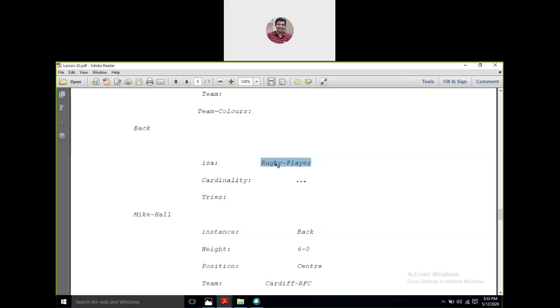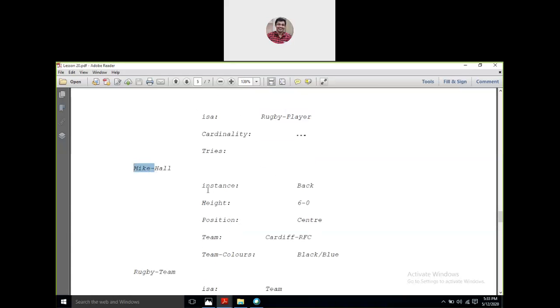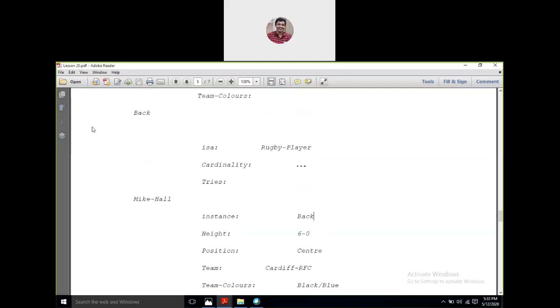Now you can tell me that here Mike Hall holds an instance of back. The difference here is that back can be treated as a position and back can also be treated as an object class. Many of you might know that SR back, or some name I'm forgetting, was also a classy player of rugby, right?